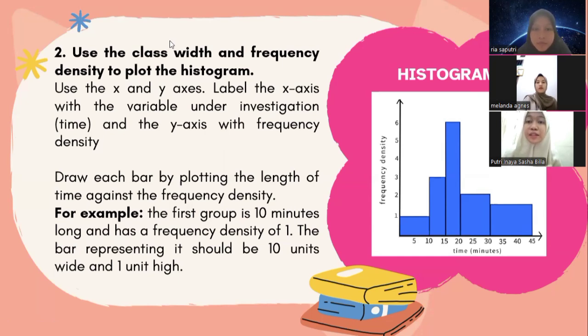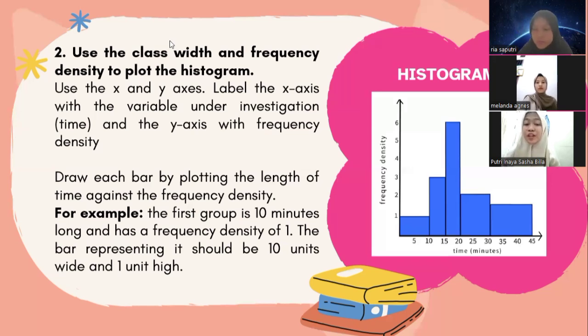For the example, the first group is 10 minutes long and has a frequency density of 1. The bar representing it should be 10 units wide and 1 unit high. And this is the histogram of the data where the x-axis is time and the y-axis is the frequency density.